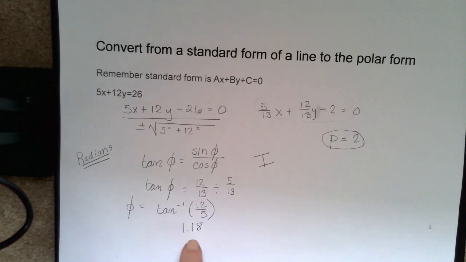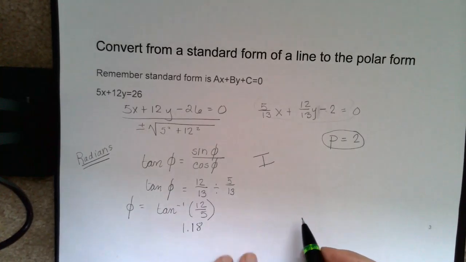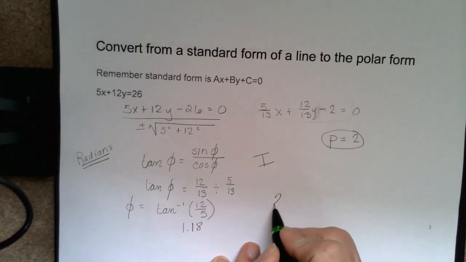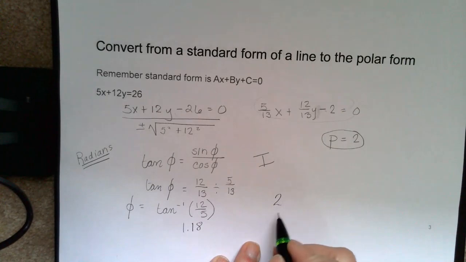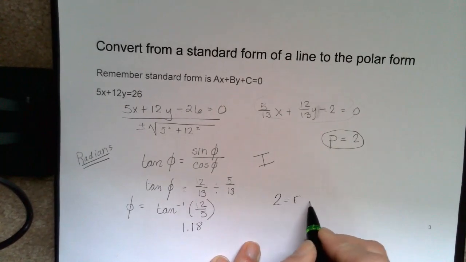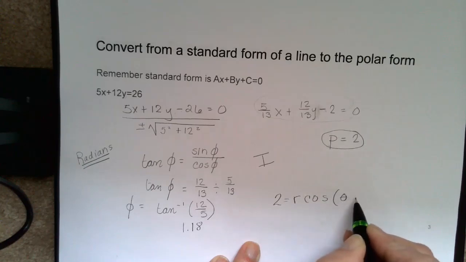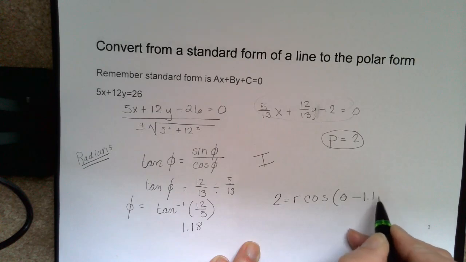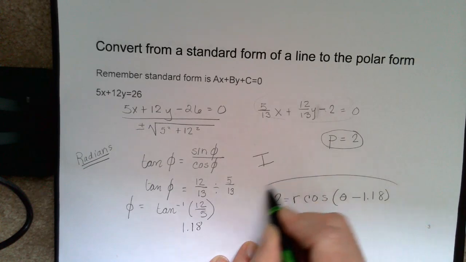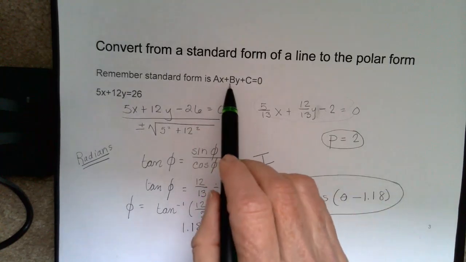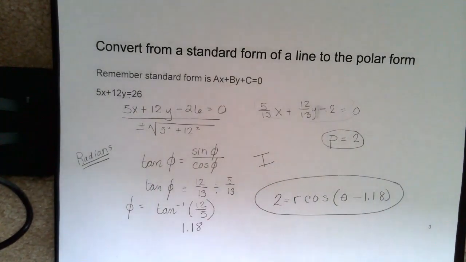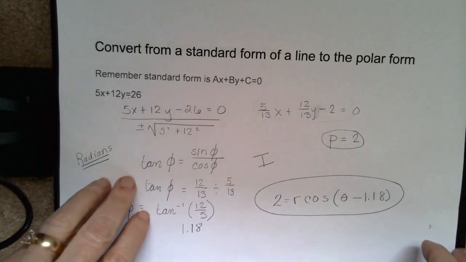So now I've got everything I need to write my equation in polar form. I have 2 equals r times the cosine of theta minus 1.18. That is taking this equation and changing it into polar form.